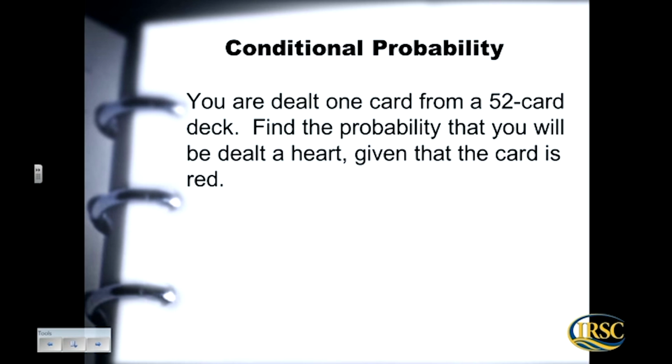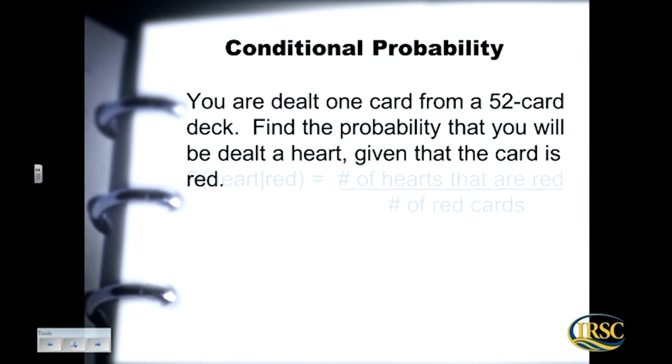You are dealt 1 card from a 52-card deck. Find the probability that you will be dealt a heart, given that the card is red. All right, so in other words, I'm looking at the card before I give it to you, and I say, I'll give you a hint, it's red, and so you have more information about that one card.